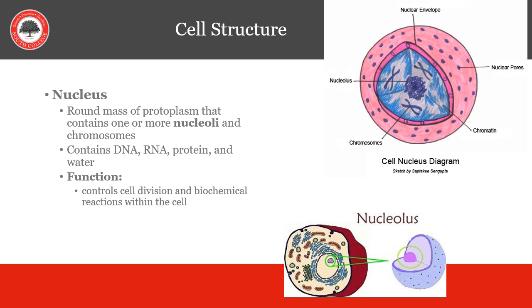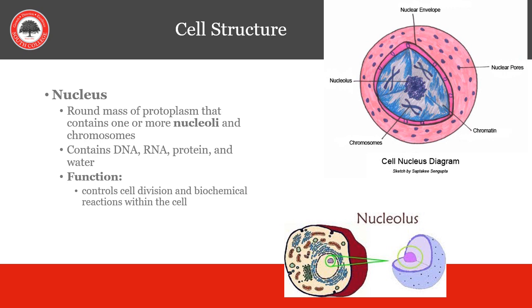With cell structure, just to bring that up again, the nucleus, just further emphasizing, is going to be a round mass of protoplasm. It has a double-layered membrane. In this particular diagram, it shows it being called a nuclear envelope, but many times it's called a nuclear membrane.